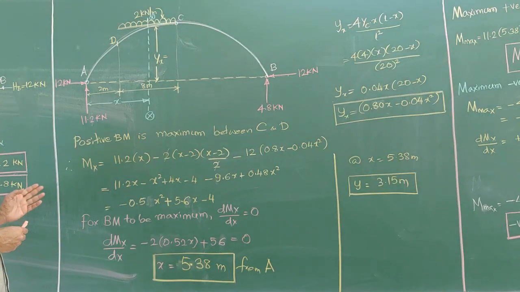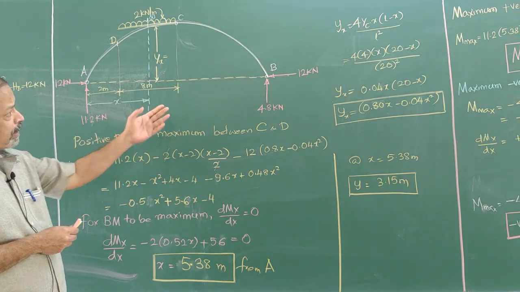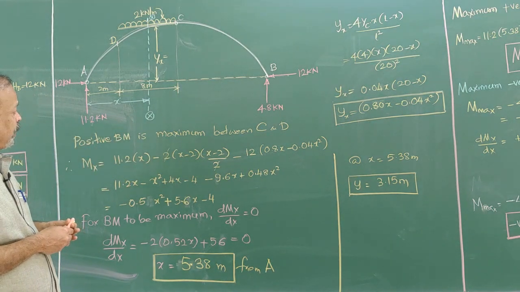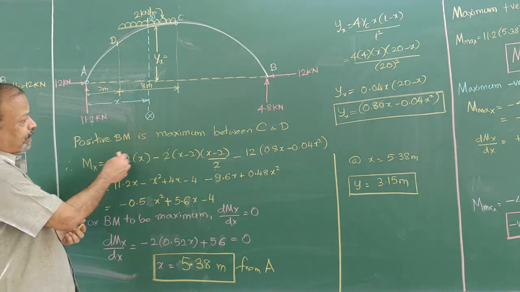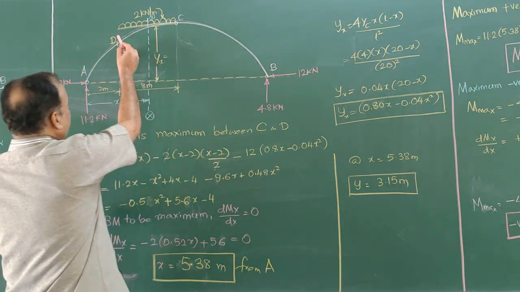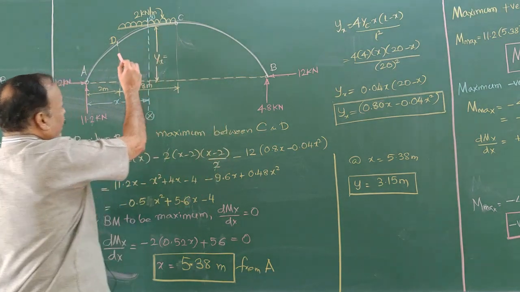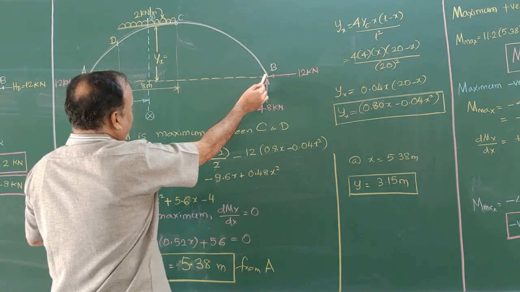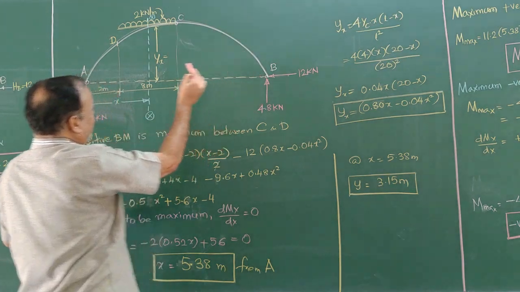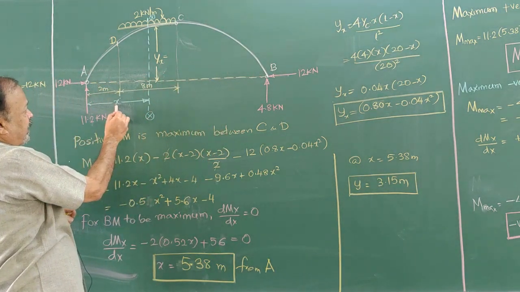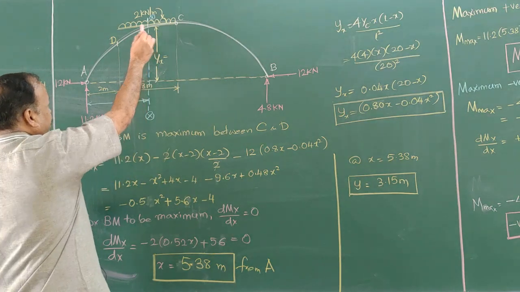After calculating the reactions, let us find the maximum positive bending moment and maximum negative bending moment in the arch. The maximum positive bending moment is available in the portion between C and D, and the maximum negative bending moment is available in the portion B and C. So let us assume that at distance x the bending moment is maximum.